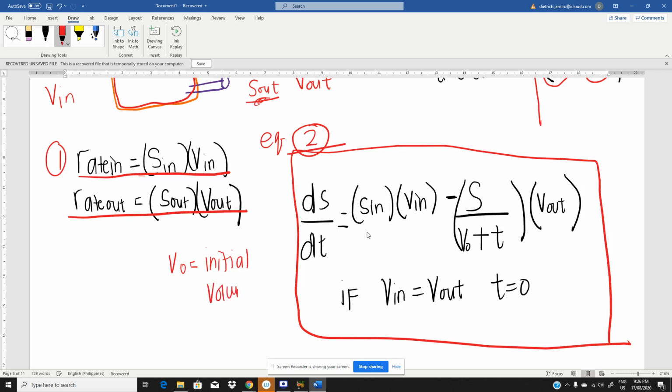As you can see, if V in is equivalent to V out, then t is equal to 0. So this will cancel out if V in is equal to V out.